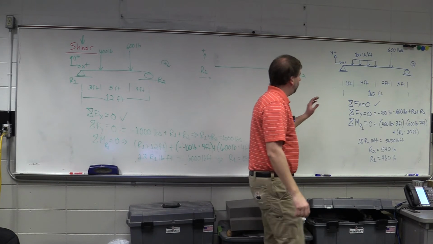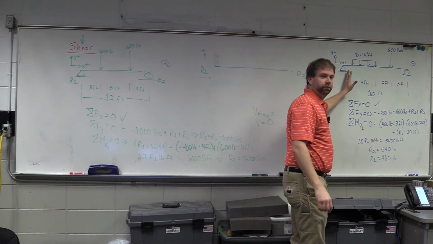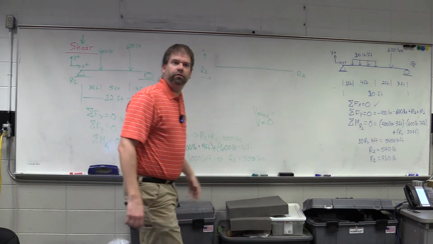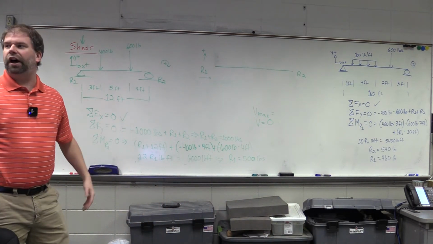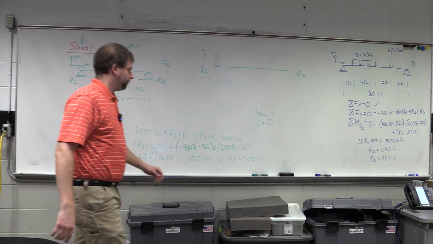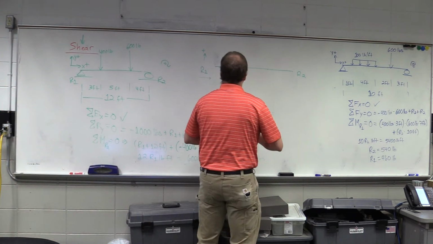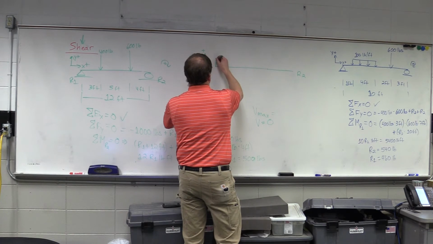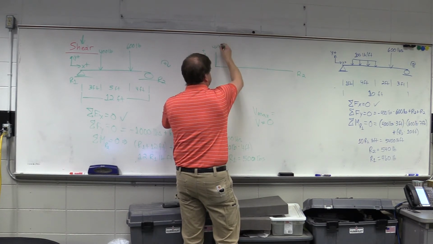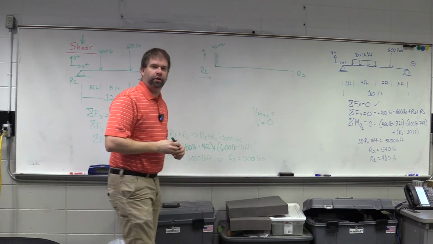So, what happens when we get just to the right of R1? Not even a half an inch. We just thought about taking a step off of R1. What's the shear? 460. 460. Okay? Does anything change over the first foot?